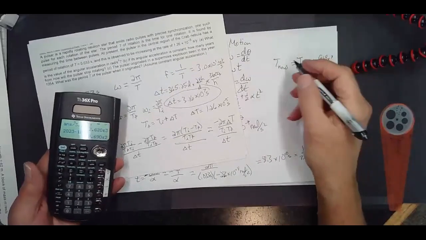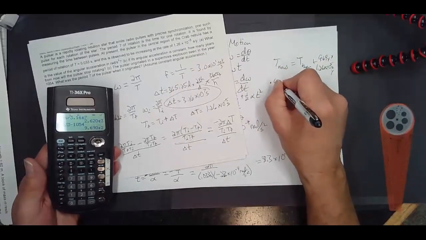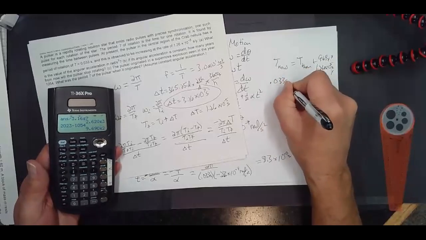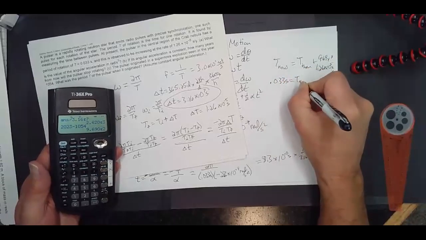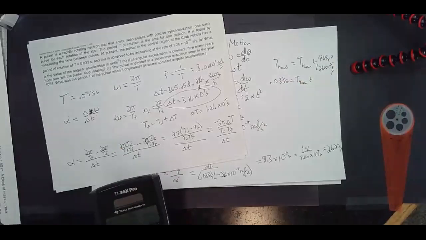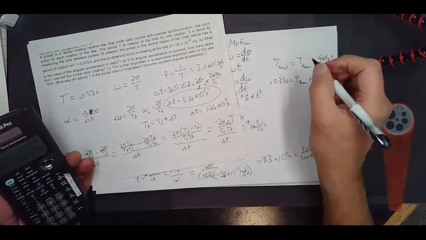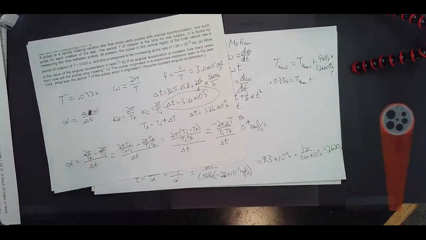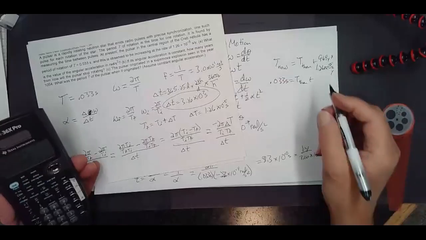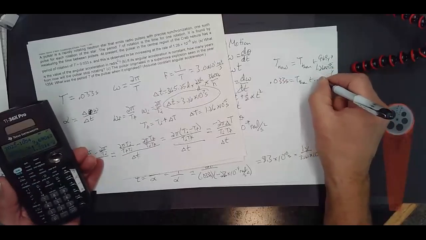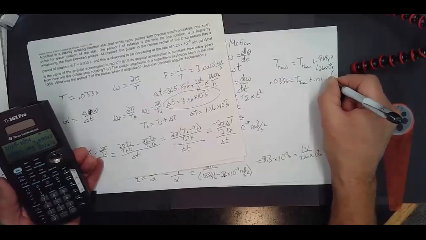So the period now, the 0.033 seconds, equals the period then plus this. Oops, that's a minus 5 on there. Plus 0.012.